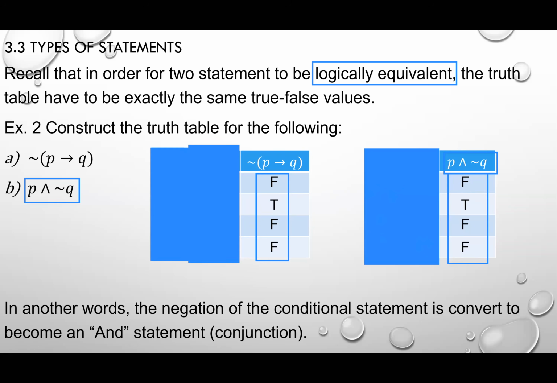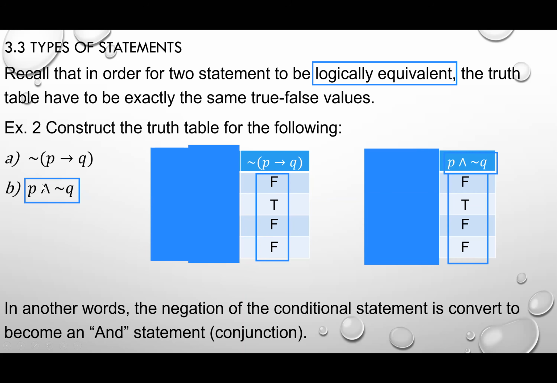we say that to negate the conditional statement, if you remember last time, the De Morgan law, if you want to distribute this thing in, you can, but there's no longer a conditional statement. To negate a conditional statement, you need to convert the conditional statement to become an AND statement, or a conjunction. So that's what we have here because they are equivalent.